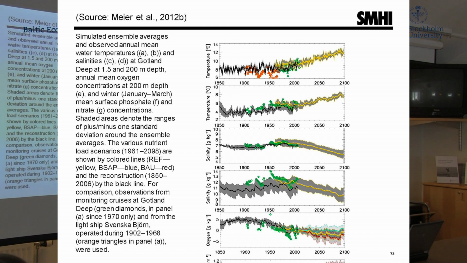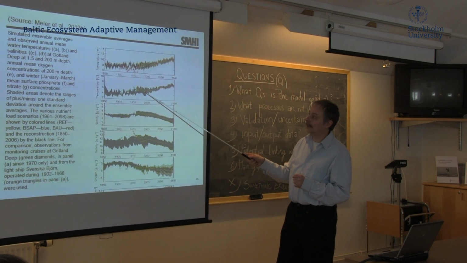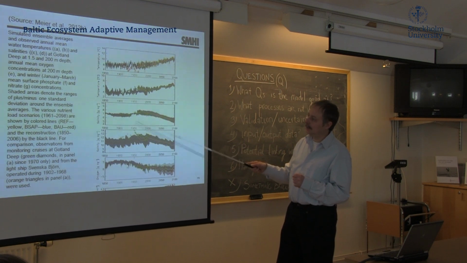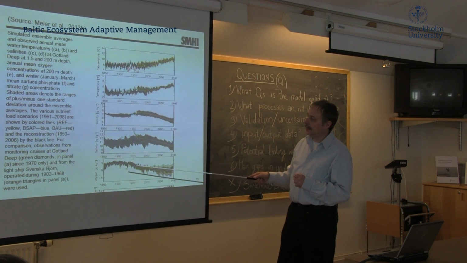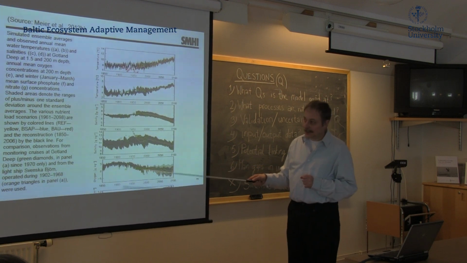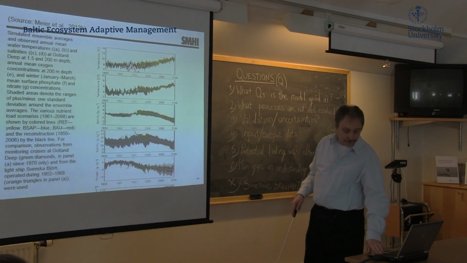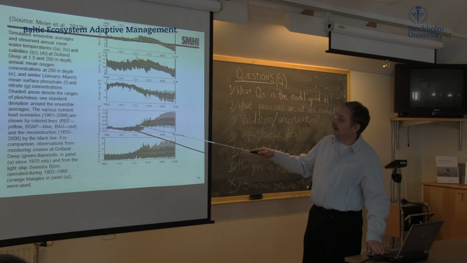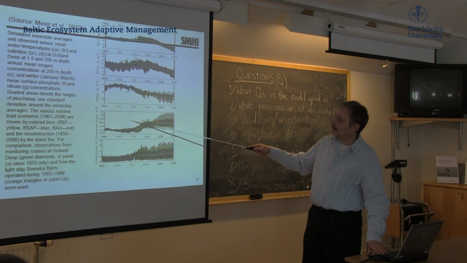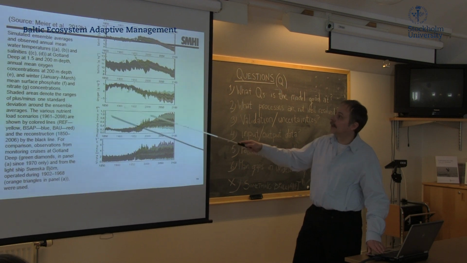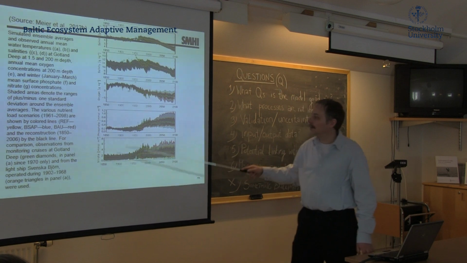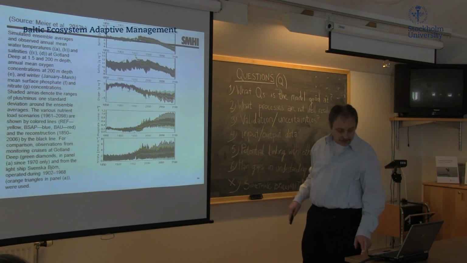This is one station, Bornholm, Gotland Deep again. It shows temperature at the surface and temperature in 200 meter depth at Gotland Deep, salinity at the surface, salinity in 200 meter depth, oxygen in 200 meter depth, and then the following are phosphate at the surface, winter time phosphate, January to March, and nitrate.